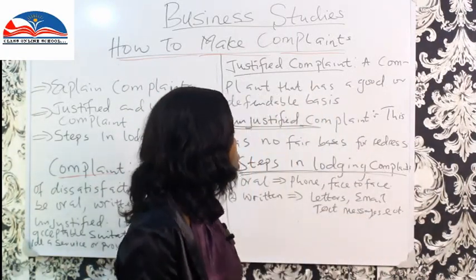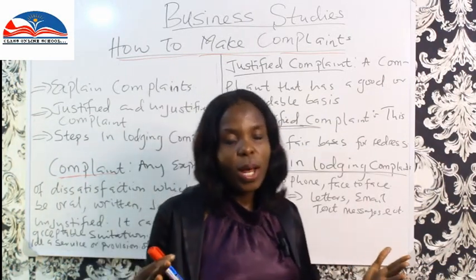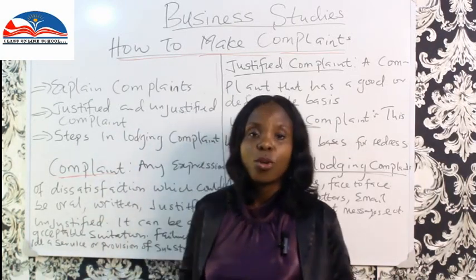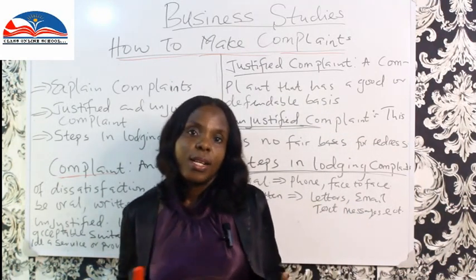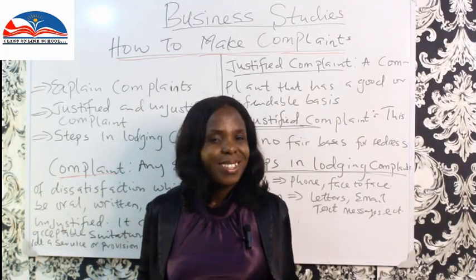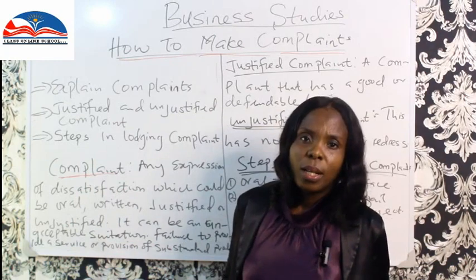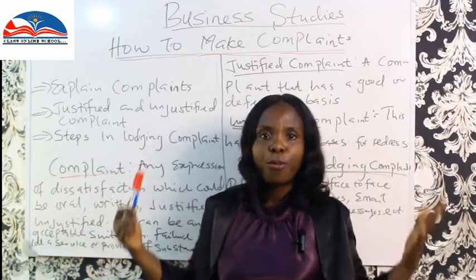And then we go to objective number 3, steps in lodging complaints. While I was explaining what complaint is, I told you that such complaint can come in a written form or oral form. That's the step. And so in lodging complaint, step 1 is in an oral form.